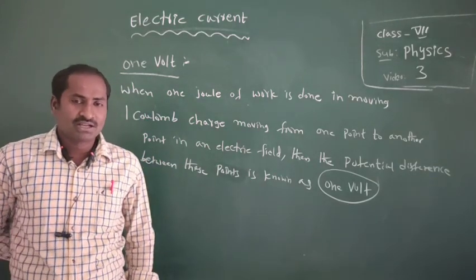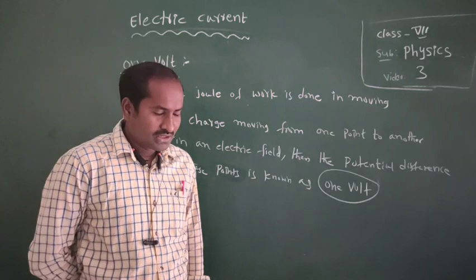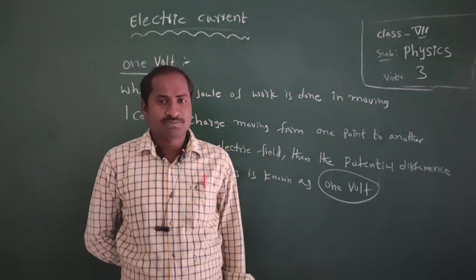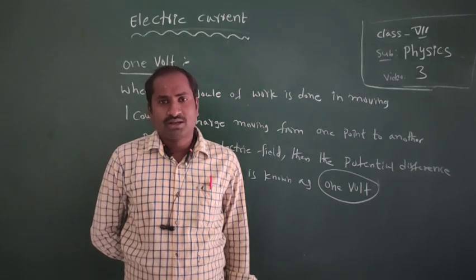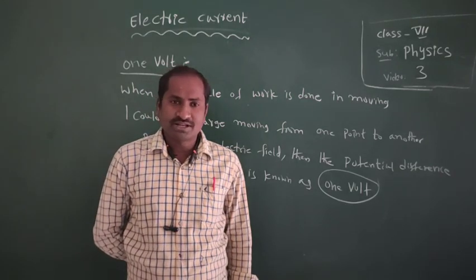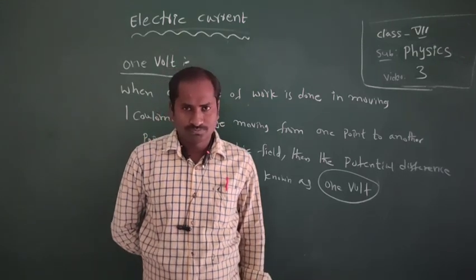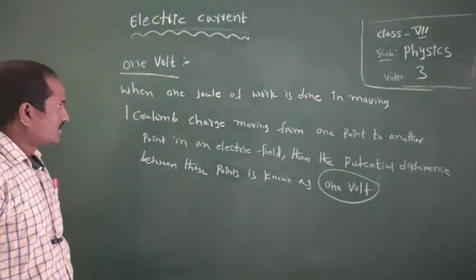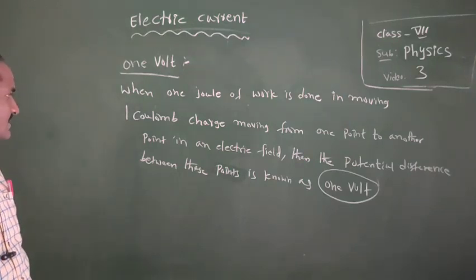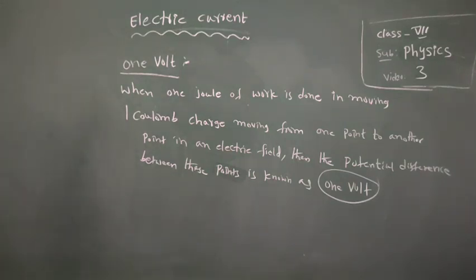Potential difference is indicated with the letter V, so V equal to W by Q. It is measured in joule per coulomb or volt. 1 volt equals 1 joule of work done in moving 1 coulomb charge from one point to another in an electric field, and the potential difference between these 2 points is known as 1 volt.